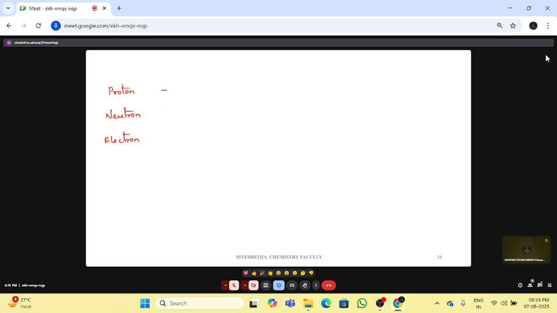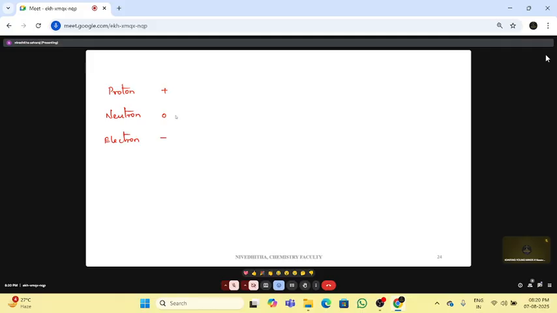Proton is positive. Electron's charge is negative, and there is no charge for neutron. Yes, protons are positively charged. Could you please tell me the quantity of charge? It is positive, Kanna, but what is the quantity?